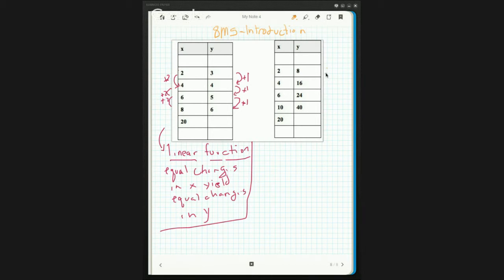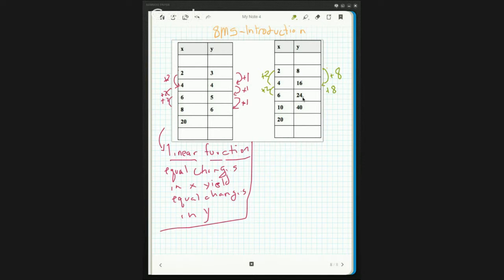Let's make these in green. We're going to say, well, we go +8. This is +8 from 16 to 24. These are both +8. And from 2 to 4 and from 4 to 6, we go +2 and +2.